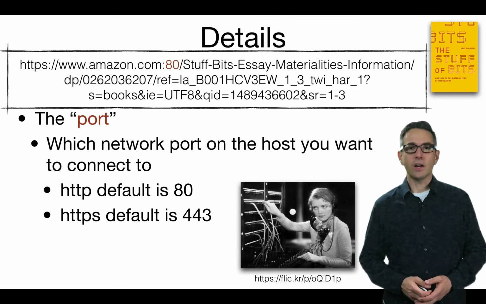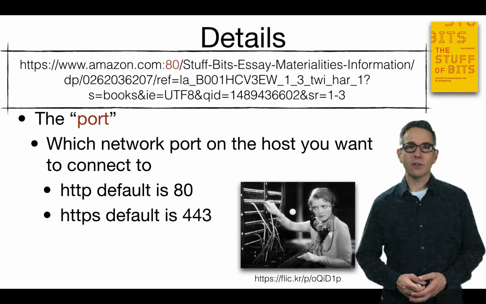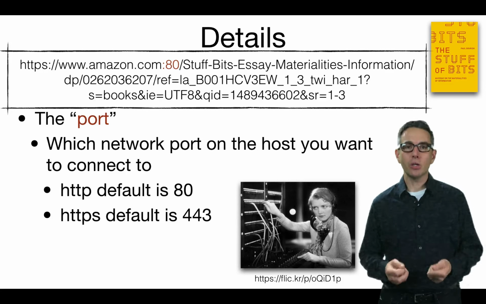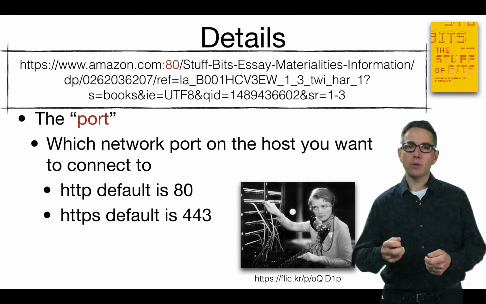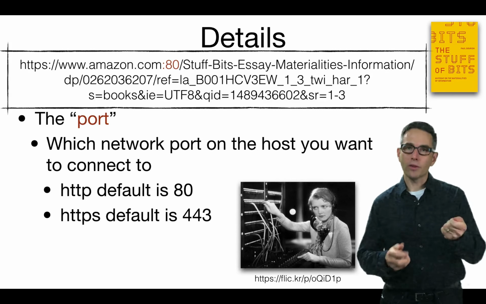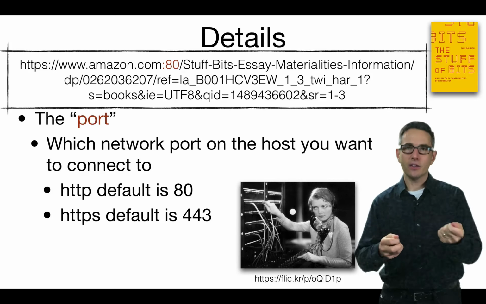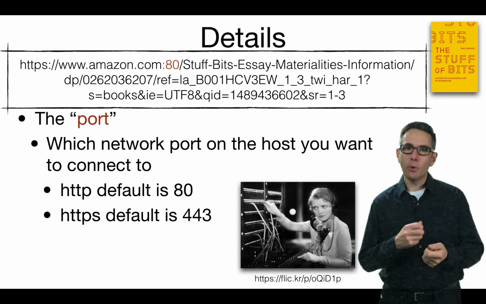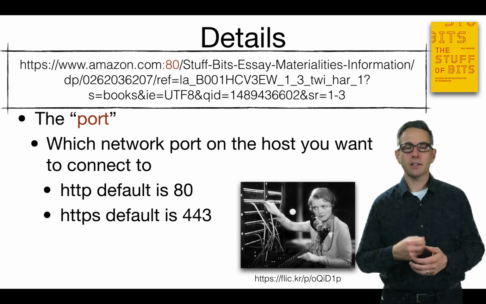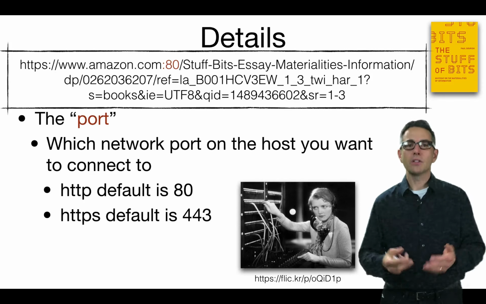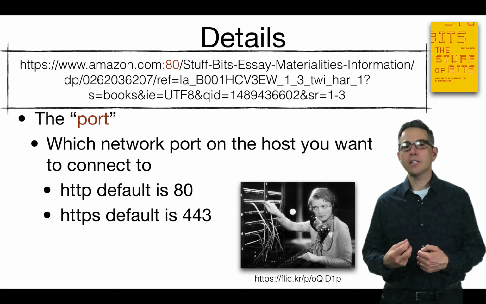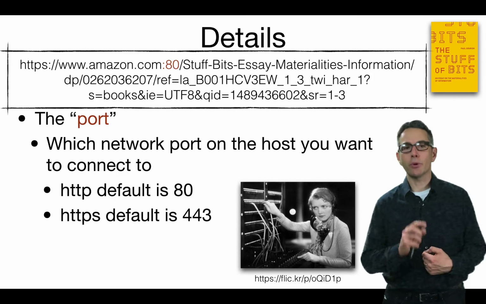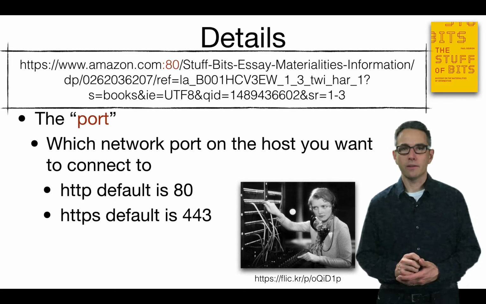So just like in the old days of telephone communication, when you had to have a human operator that would manually patch hard connections from one location to another by connecting those 2 different ports with a wire, you can also specify which port in a computer that you want to connect to on the far side. So on your computer in the browser, you can specify that I would like to connect to port number 80 on the remote computer.